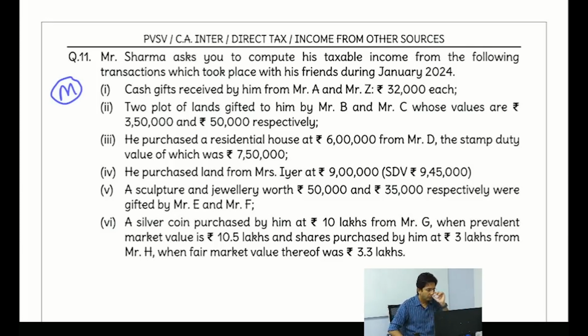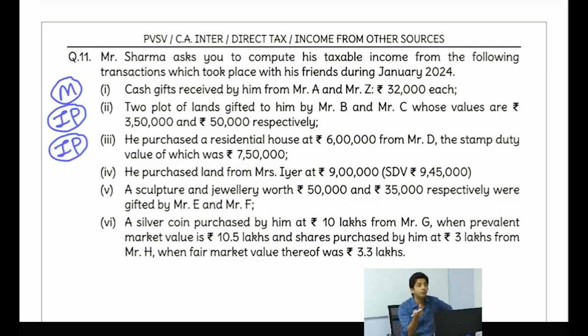What is next? Two plots. Whatever, don't read in detail. A plot means immovable property, so just write IP here. He purchased a residential house. Don't read in full. House means immovable property, so again write IP. Then he purchased a land.